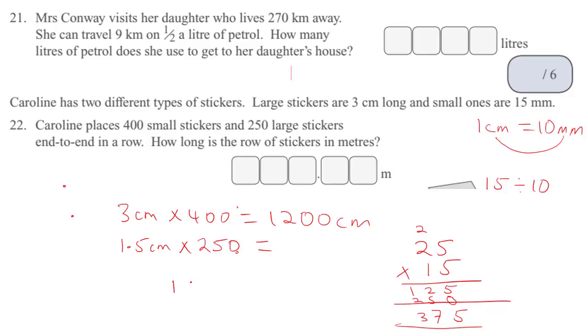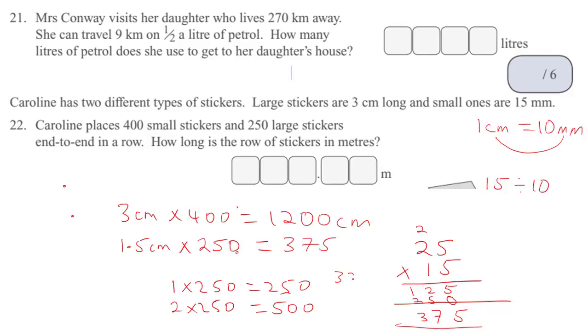Right? So 1 times 250 is 250. But if I do 2 times by 250, the answer is going to be 500. But you see 1.5 is in between them. So the answer I'm getting should also be between 250 and 500. So the answer I'm getting here, which is 375, fits nicely there.